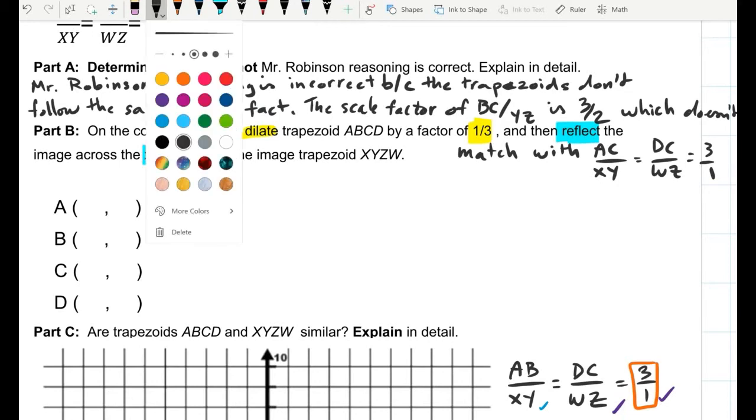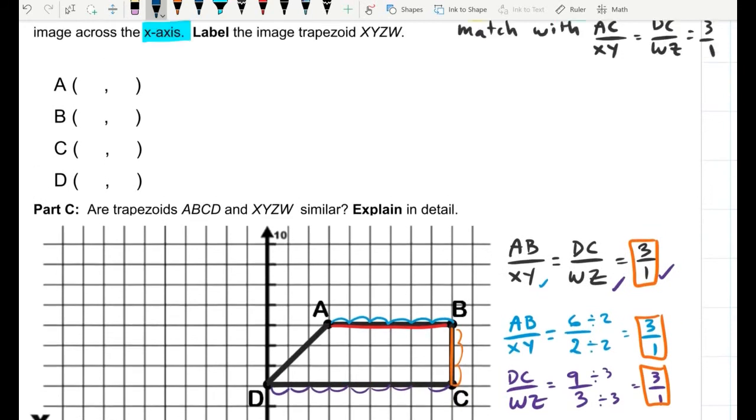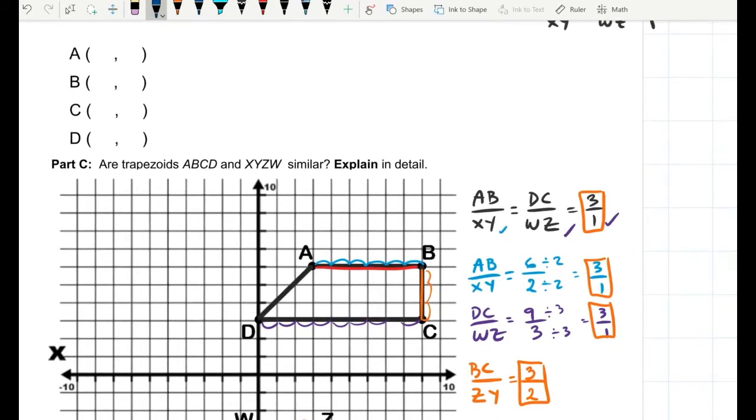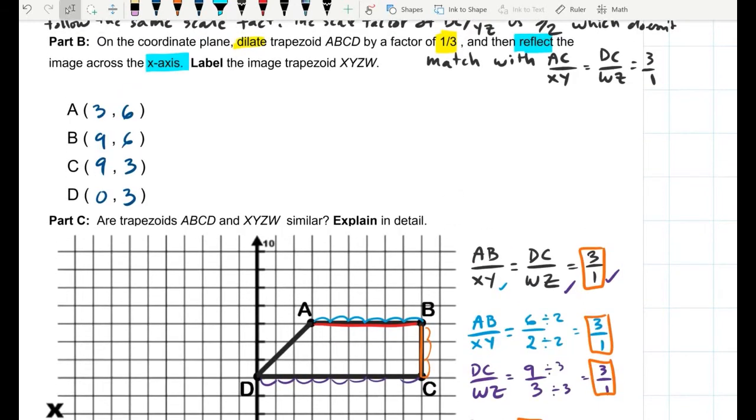First, we find the coordinates of points A, B, C, and D. A is 3, 6. B is 9, 6. C is 9, 3. And D is 0, 3. Alright, so first we're going to dilate with the scale factor of 1/3.